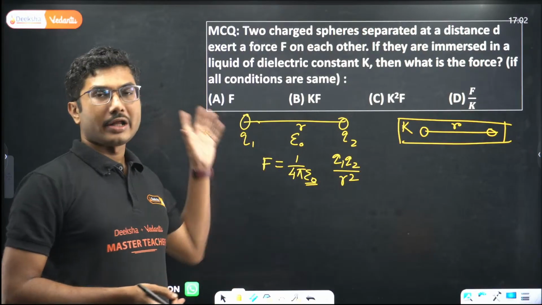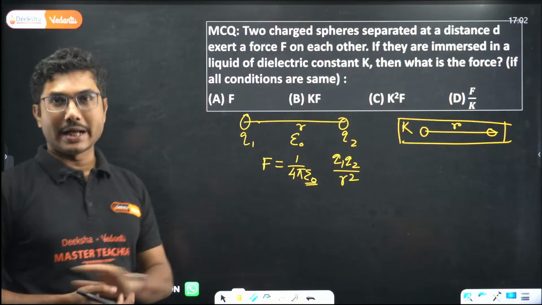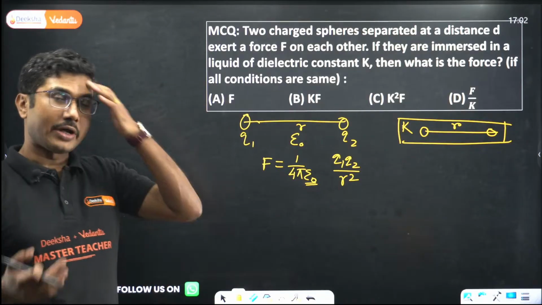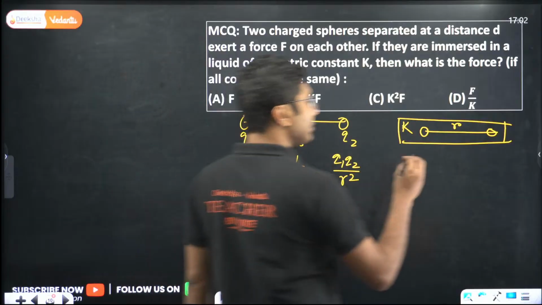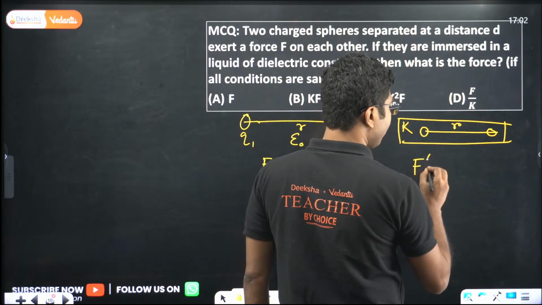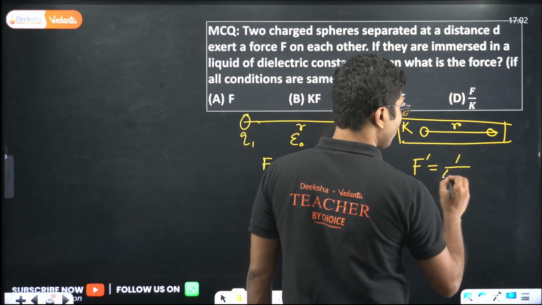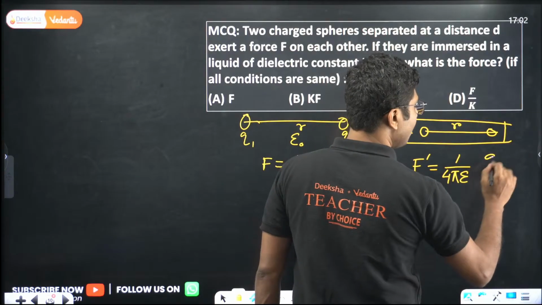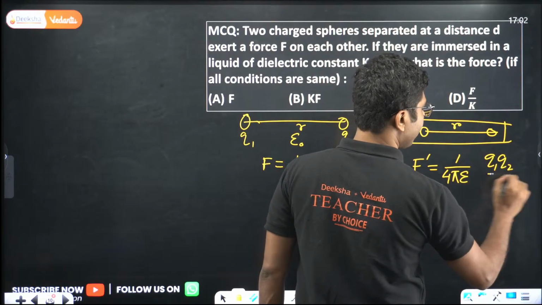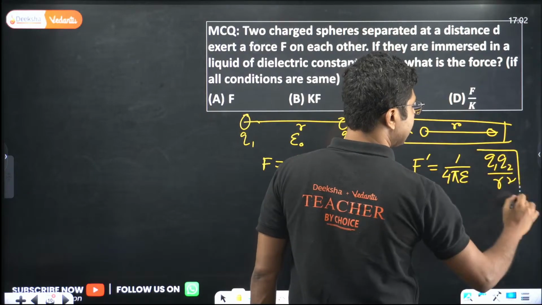But if the same system is put into a medium that is not free space or air, then you have to modify this force formula, using 1 by 4 pi epsilon Q1 Q2 by R square. So this part remains the same.